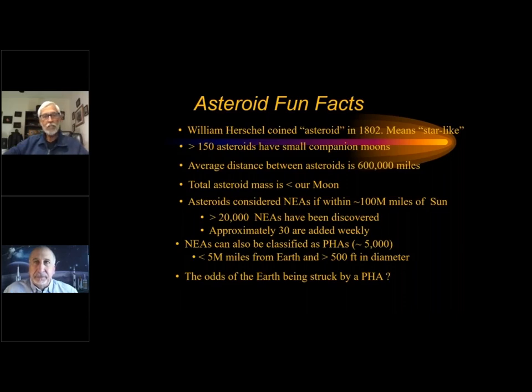So that's actually a pretty scary number, and you might think that we should all be running for cover with those asteroids floating around, but somebody calculated the odds of the Earth being struck by a PHA, and it actually turns out that once every century, or once every 100 years on average, we would be struck by a PHA.